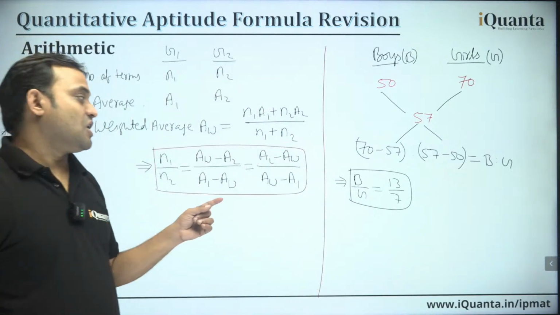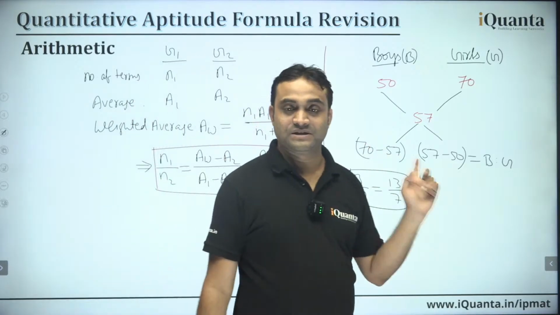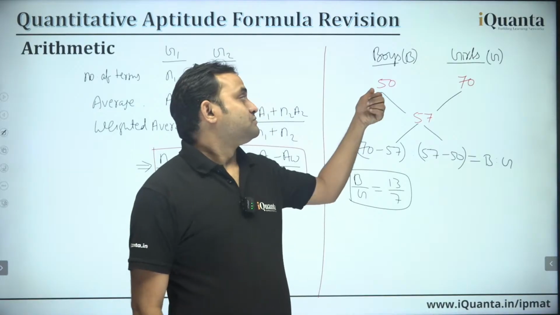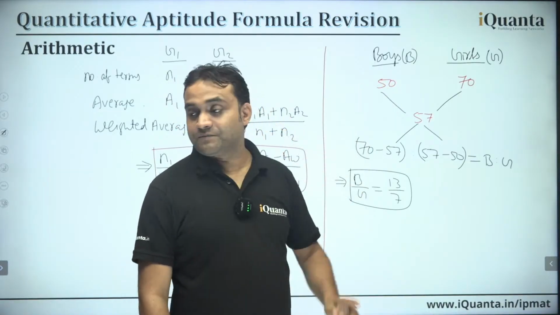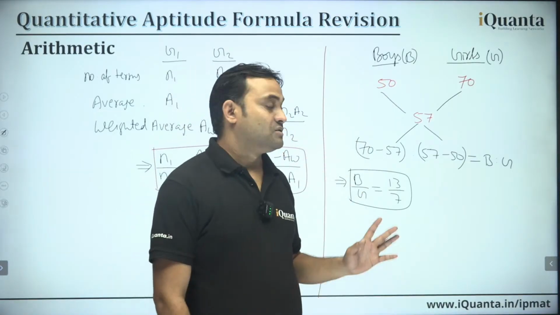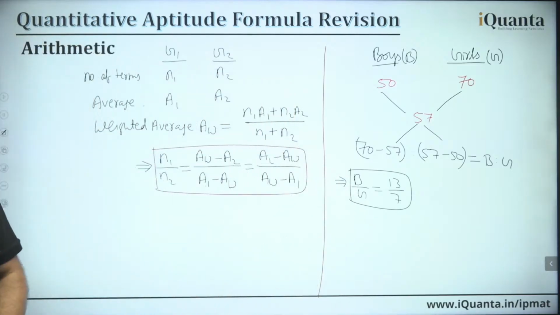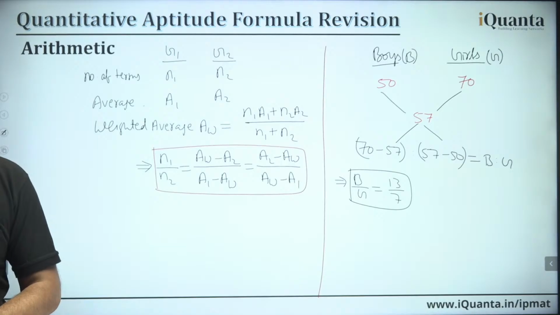Raj, this is how we use the allegation concept. Is that clear now? These are marks: 50, 70 and 57 are marks of boys, girls and the whole class. So from there we can find number of boys upon number of girls.